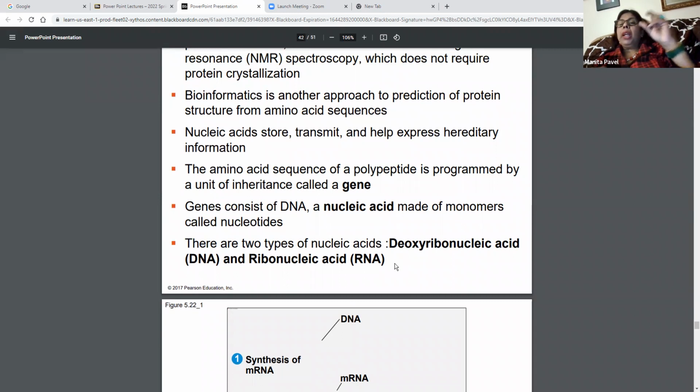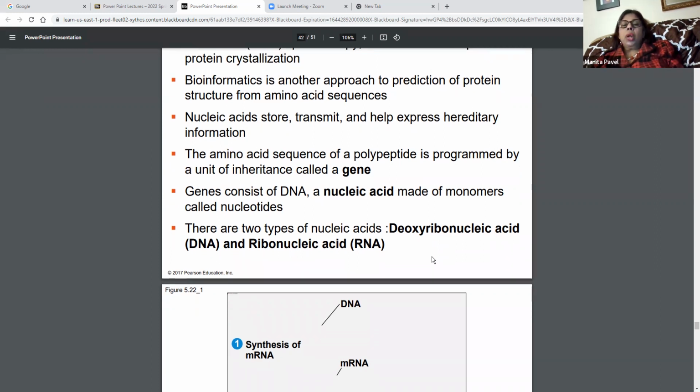DNA is a double-stranded helix. RNA is a single strand. Number 3 point. DNA contains deoxyribose sugar. RNA contains ribose sugar.